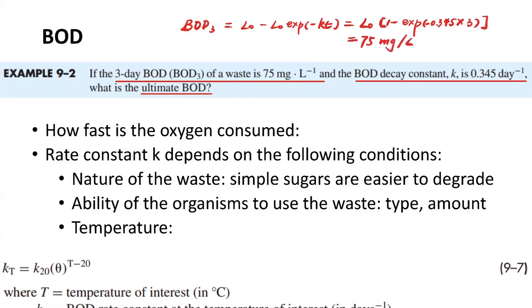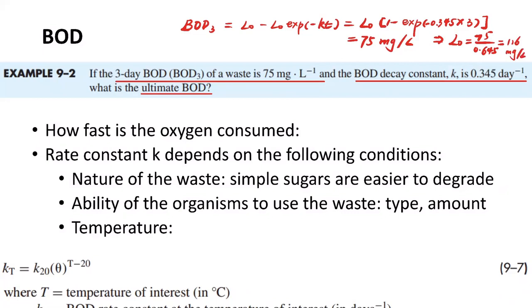So you can use your calculator and then find out that L0 is equal to 75 divided by 0.645, which is equal to 116 milligram per liter. Okay, so this is going to be the ultimate BOD.